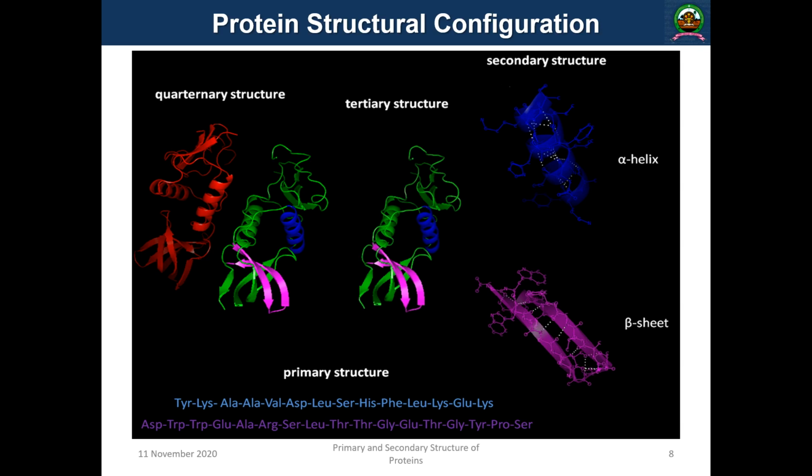Many motifs combine to form domains or a chain. This is one chain with multiple motifs, and multiple chains form the quaternary structure. So this is primary, secondary, tertiary, and this is quaternary.